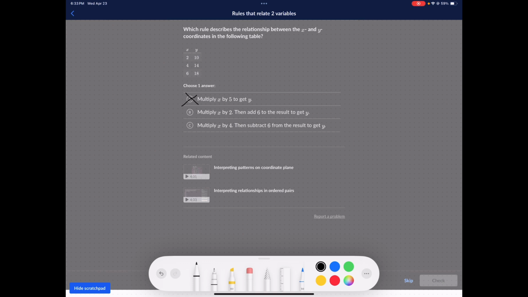Okay. B, multiply x by 2, then add 6 to the result to get y. I can also write that as x times 2 plus 6 equals y.